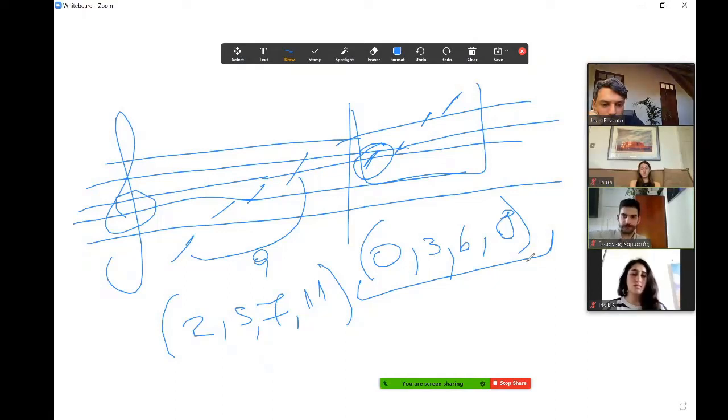Right? Now, this one has an issue. What's the issue? They are above the tritone. Exactly.